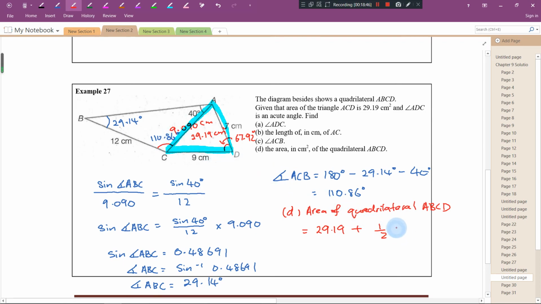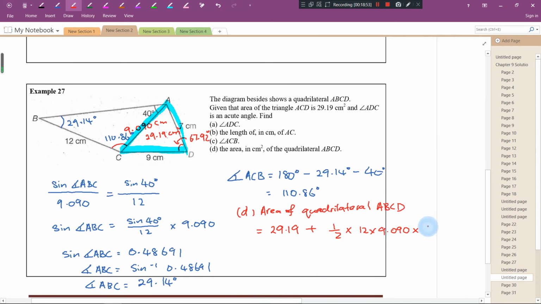Okay, let's try: 1/2 times 12 times 9.090 times sine 110.86, plus 29.19.